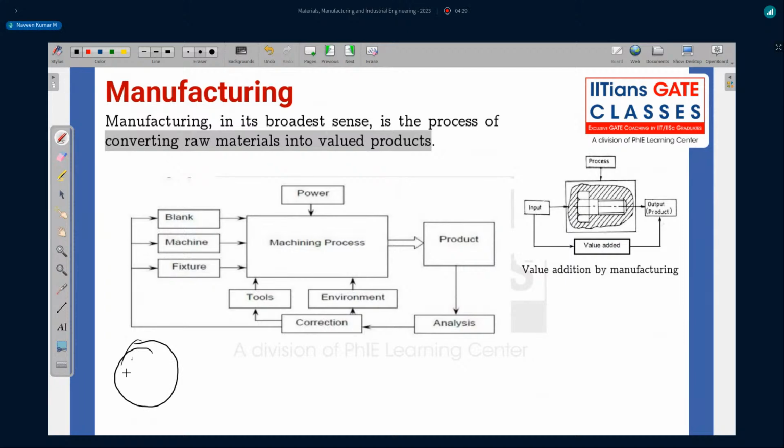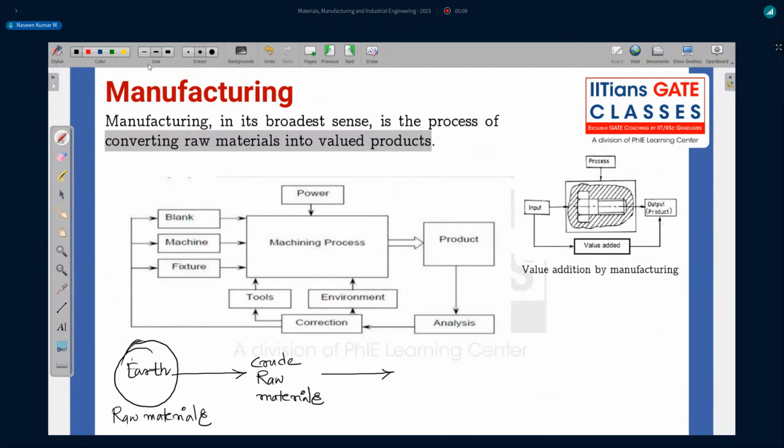So this is the earth, and from here we get the raw materials. From here you do the mining, you dig out and get the crude raw materials, and from these crude raw materials, you do some metallurgical operations.